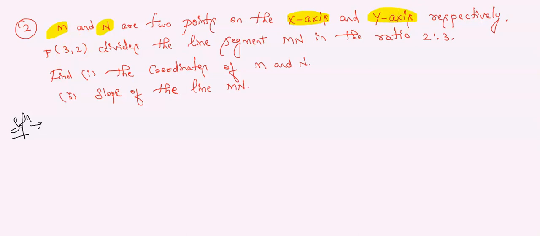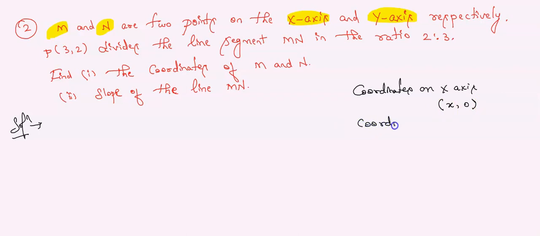Now we know that the coordinates of the point on the x-axis will be x, 0. On x-axis, x value will be present and y value will be 0, absent.